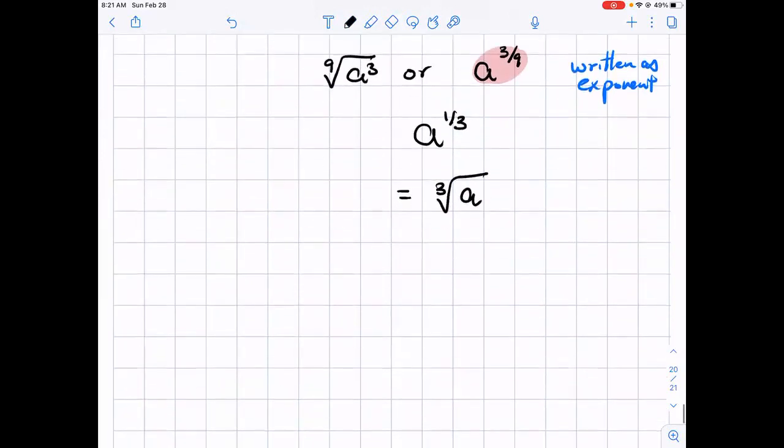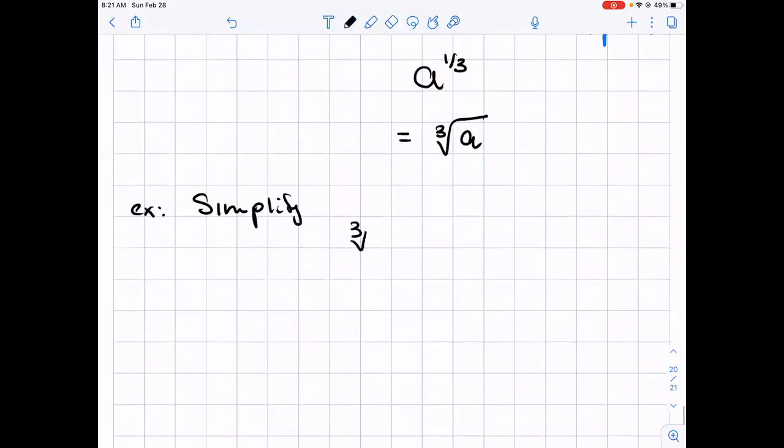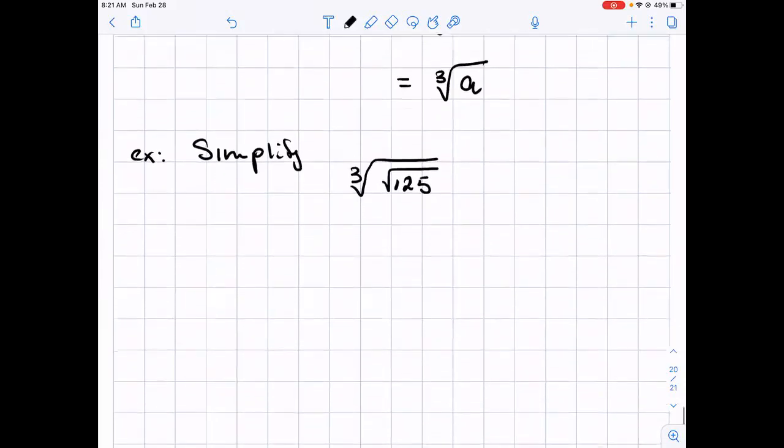Now, it seems that when we have one root, things are straightforward. But if we have a root, the cube root, and then we have the square root of, let's say, 125. Well, there was a property that I showed at the beginning of this video, that two roots can be multiplied. But let's see what this means.